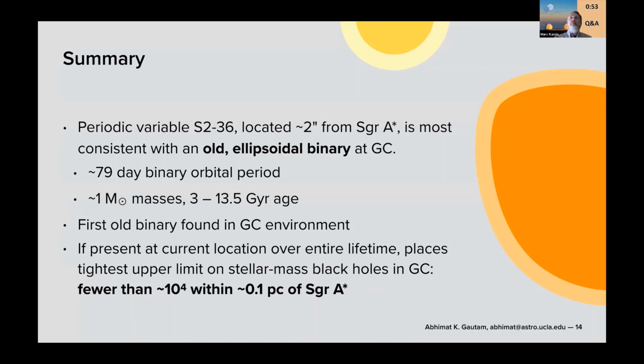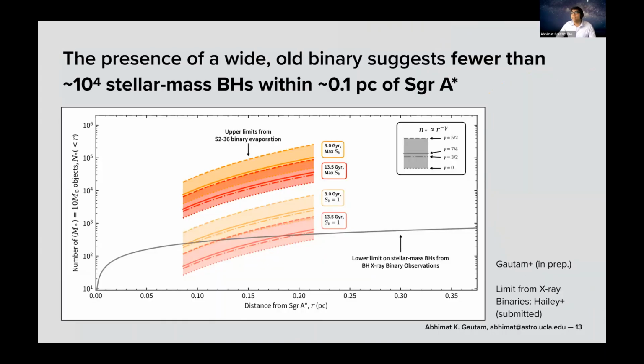Is that limit surprising to you? It's not surprising. It's just that this is a limit that hasn't been really possible before. What I didn't get to talk too much about in my presentation, this gray line is the lower limit that's expected from X-ray observations.